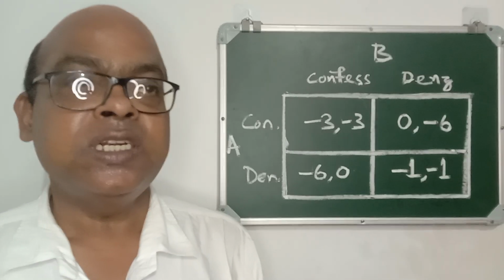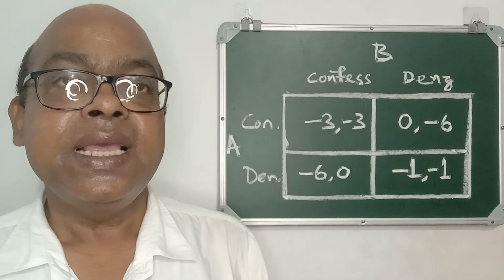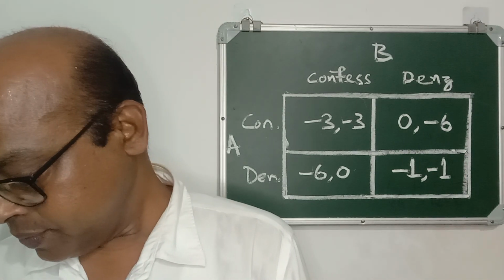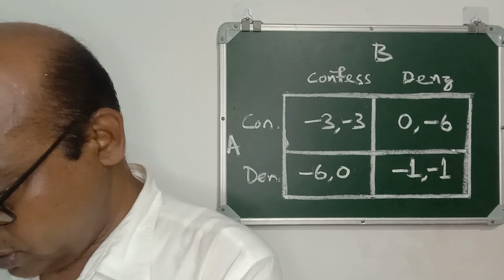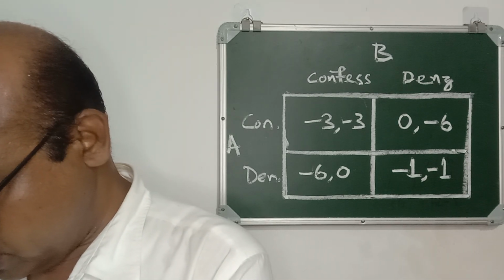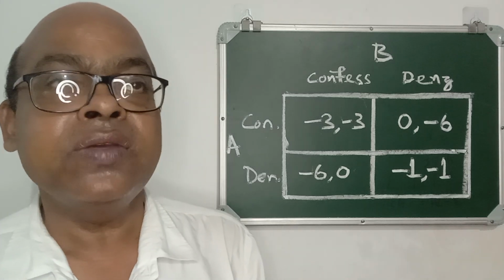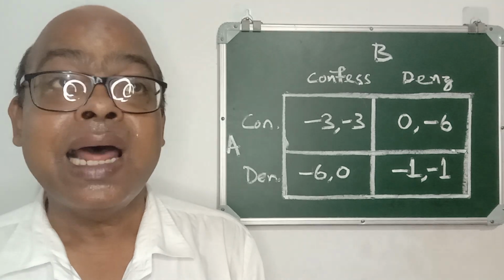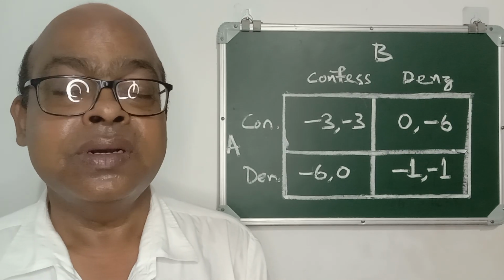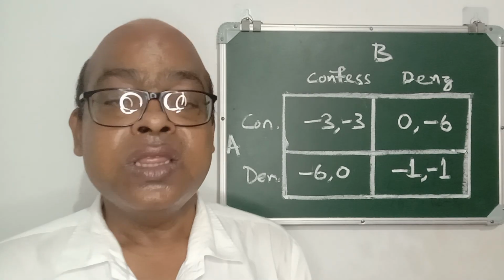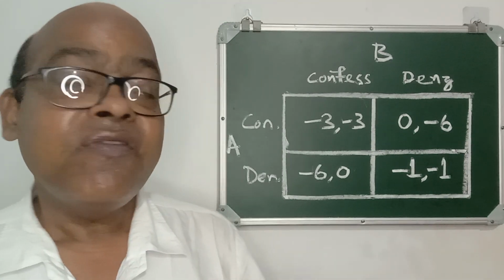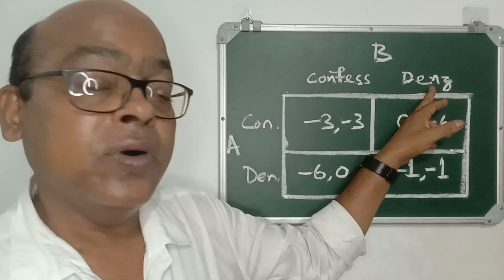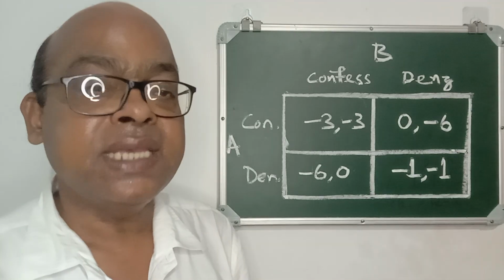Another example of this prisoner's dilemma is arms control. Two countries are there. What about arms and ammunition, or arms control? On the issue of arms control, confess stands for deploying a missile. Deny stands for not deploying the missile.